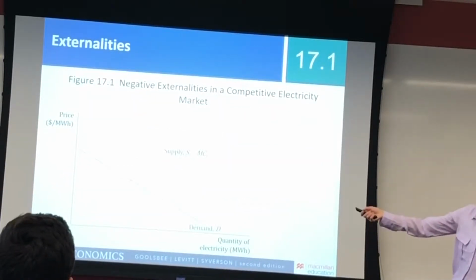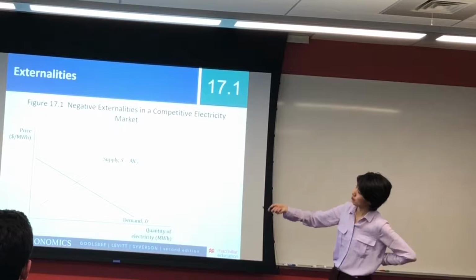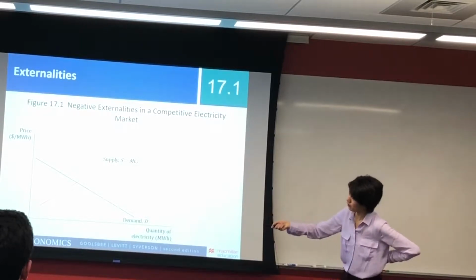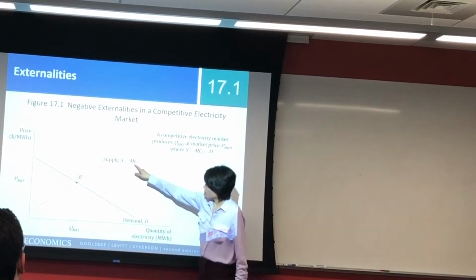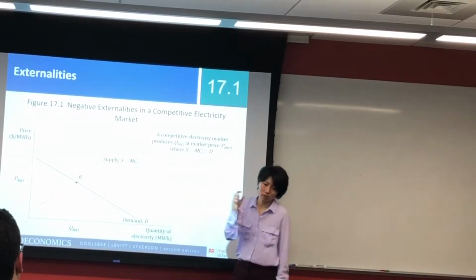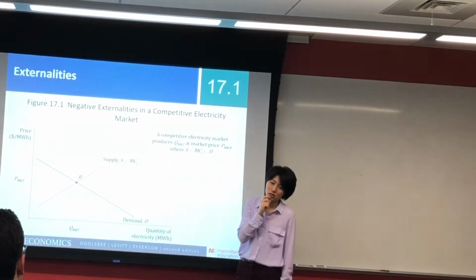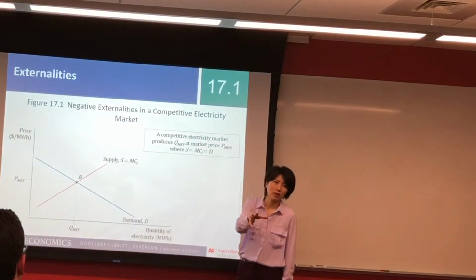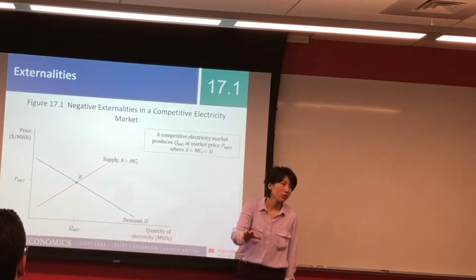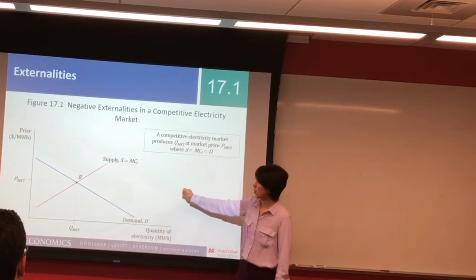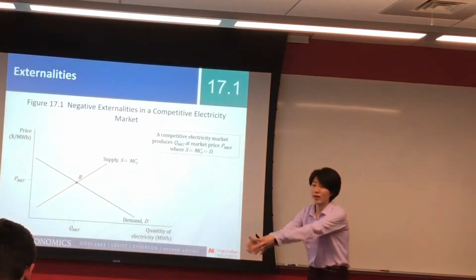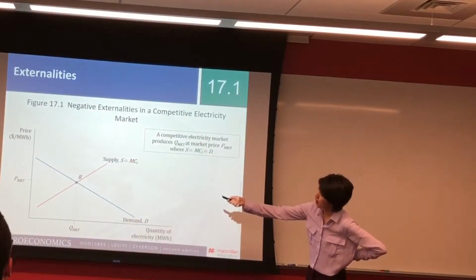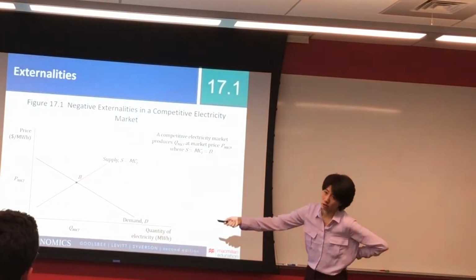Here is the market price of electricity and demand, and we call this private marginal cost. That means the cost that is borne by the seller of electricity, the party directly involved in the transaction. So private marginal cost is our supply curve.